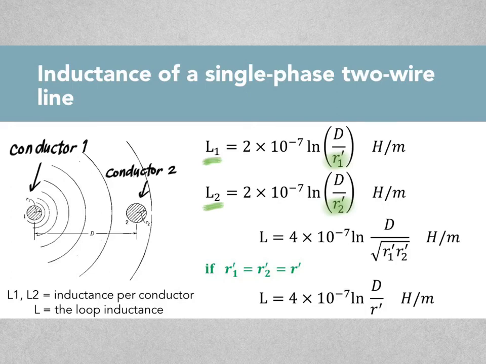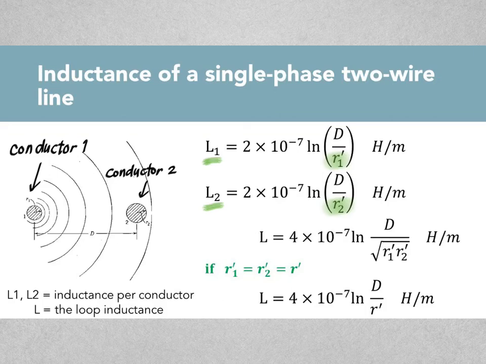This L1 and L2, please take note that they are just inductances per conductor. And for a single phase two-wire line, we might also be interested in the total inductance of the entire line. That is your loop inductance, or the total inductance, L1 plus L2.